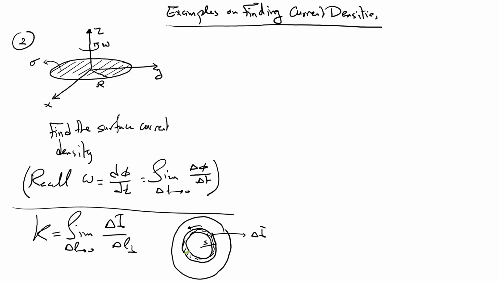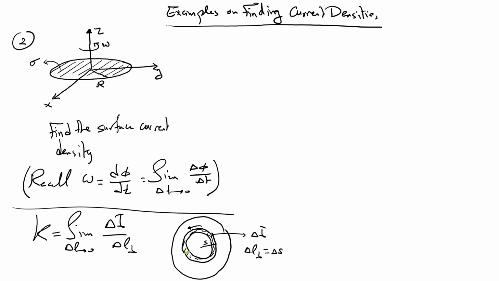Delta L perpendicular is this distance in green. In this coordinate system, it's nothing but delta s, okay? Because the width of this ring along this direction is delta s.